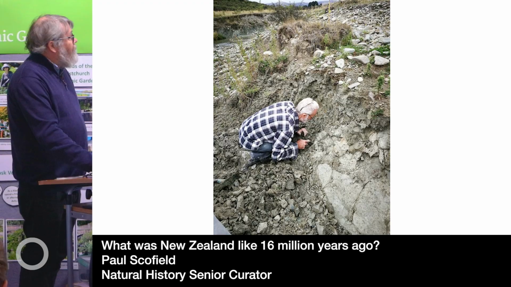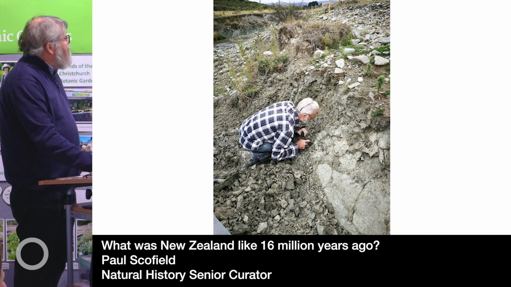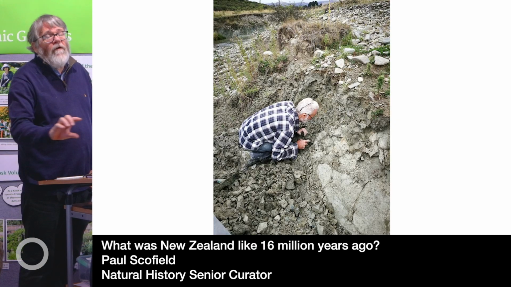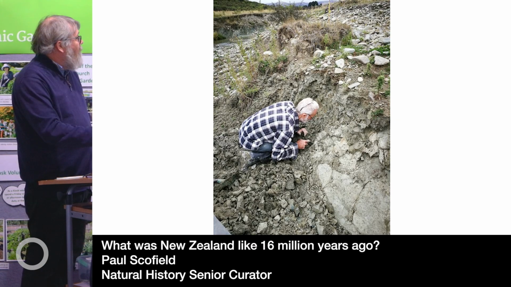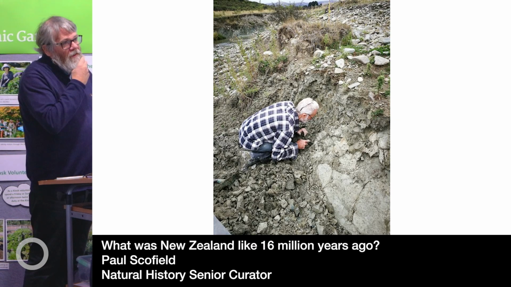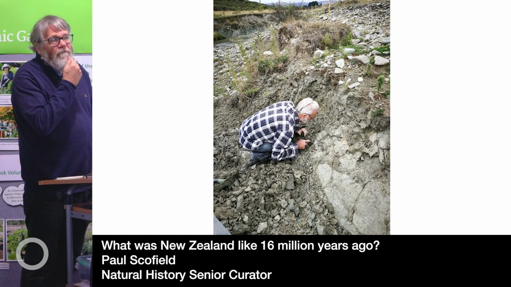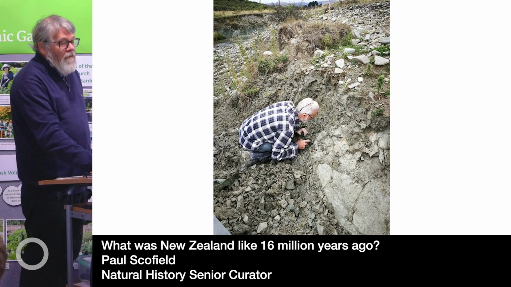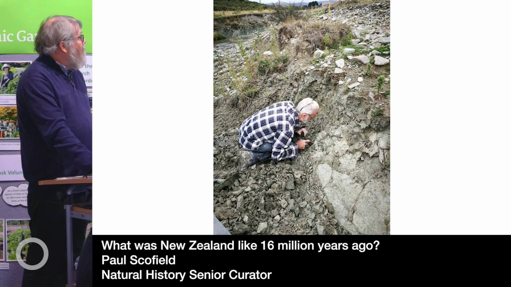And what we're doing is we're finding quite thin layers of bone and shell that were deposited in the bottom of this lake over probably a 5 million year period in the early Miocene.